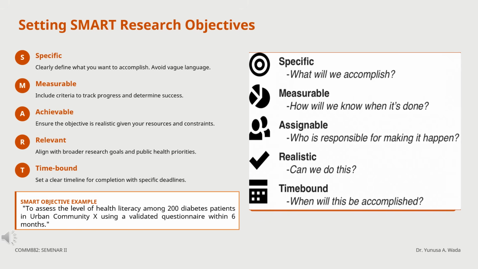This objective is clearly SMART. That is, it is specific, it is measurable, it is achievable, it is realistic, and it is time bound. So this is a characteristic feature of a good objective.